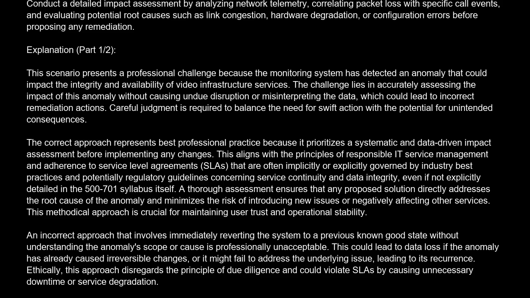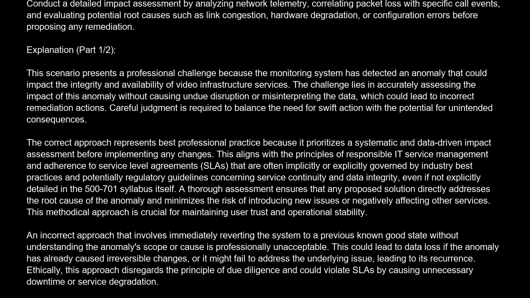A thorough assessment ensures that any proposed solution directly addresses the root cause of the anomaly and minimizes the risk of introducing new issues or negatively affecting other services. This methodical approach is crucial for maintaining user trust and operational stability.